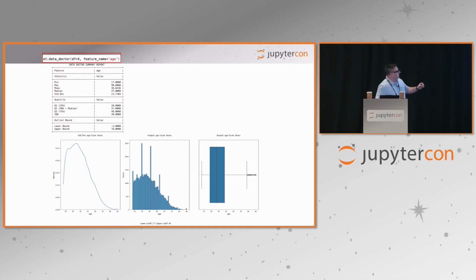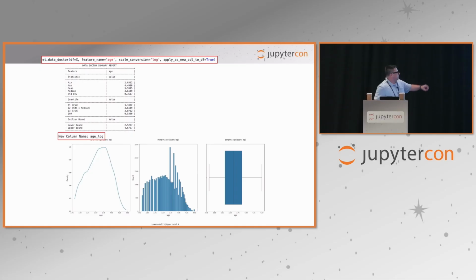But once we've applied that log transformation, those visuals are showing us that now we have more of a normal curve there in the KDE. The box plot itself took care of those outliers. And since we are doing apply as new column to df true, we get a new column indicator here. So our new column that's been added to that same data frame is named age log in this particular case.